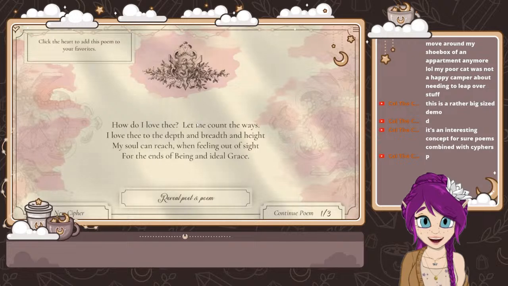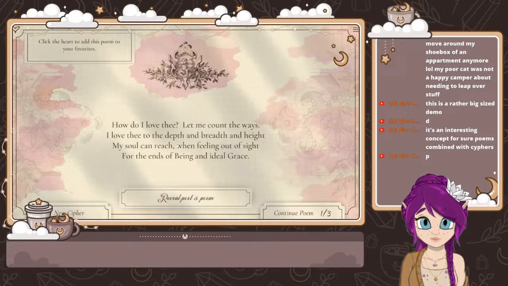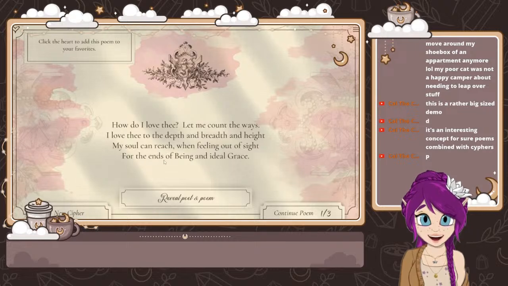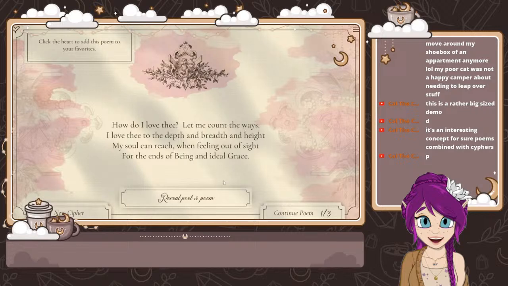How do I love thee? Let me count the ways. I love thee to the depth and breadth and height my soul can reach when feeling out of sight for the ends of being and ideal grace. What does breadth mean?